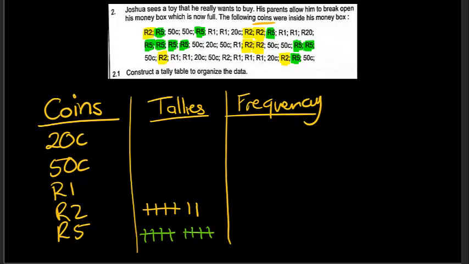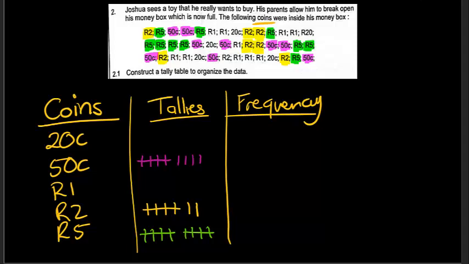Next, let's do 50 cents. 1, 2, 3, 4, 5, 6, 7, 8, 9. So we've got 9 50 cents coins. Let's write this out.